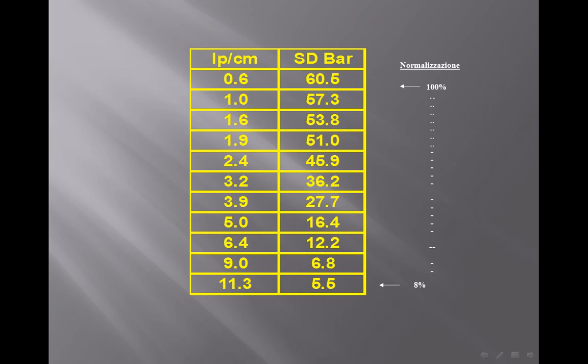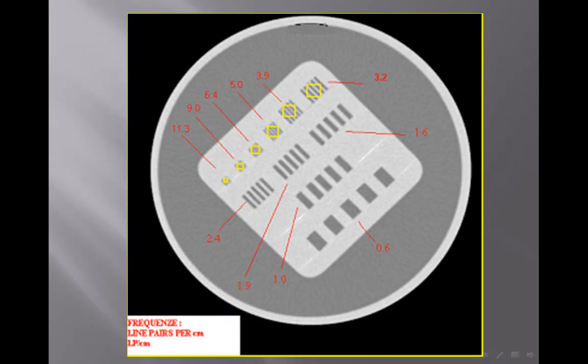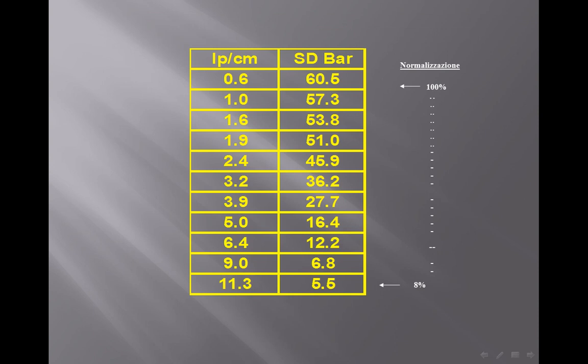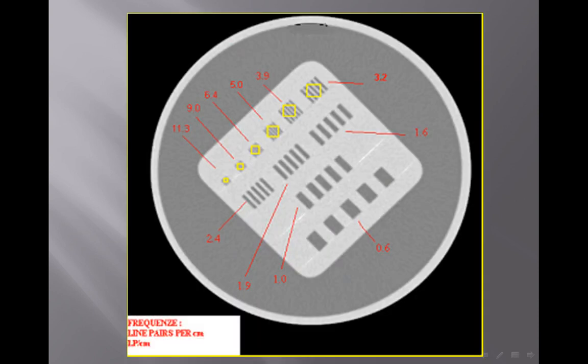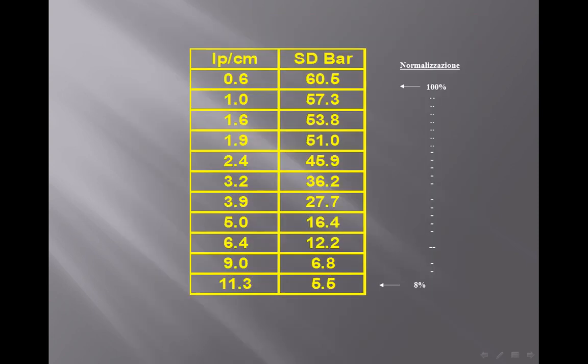First one is 0.6 line pairs per centimeter: I will draw the region of interest inside this group and get the standard deviation. Another one for 1 line pair per centimeter, I will get 57, and so on. You will make a relation between line pairs per centimeter, which is the spatial frequency, and standard deviation.